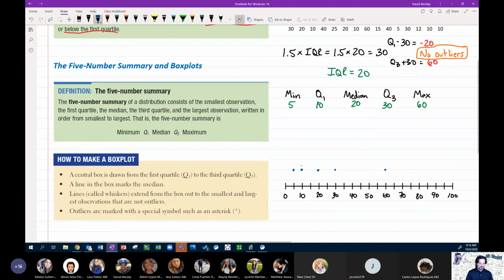So then we draw the central box. And then we need to put a line in the box that marks the median. And then lines, called whiskers, extend from the box out to the smallest and largest observations that are not outliers.